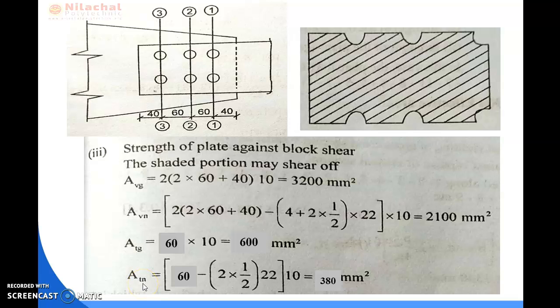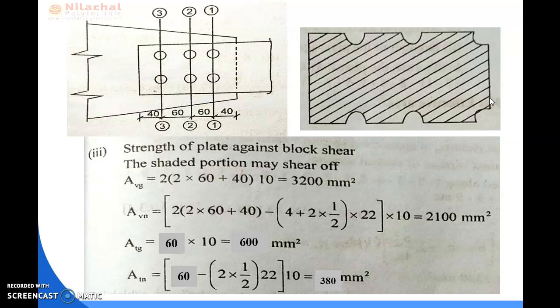So ATN is similar to AVN. So we have to deduct the number of bolt holes along the T line from the total width of the block shear portion along the T line. So the total width of the block shear portion is 60 along the T line minus the number of the bolts are, here is half and here is half.